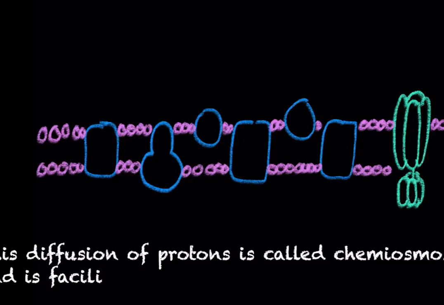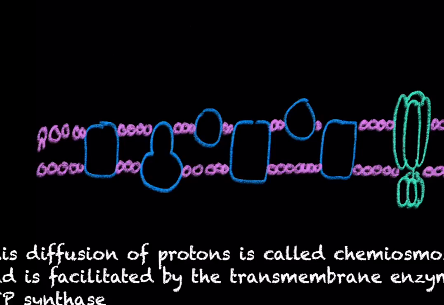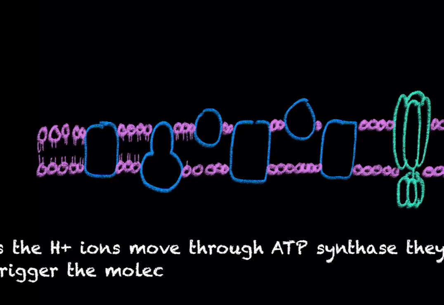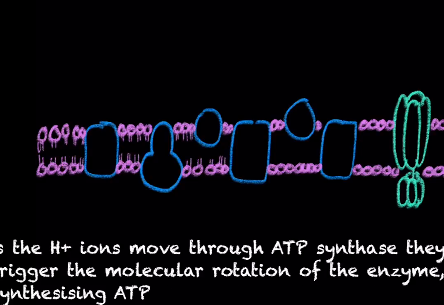This diffusion of protons is called chemiosmosis and is facilitated by the transmembrane enzyme ATP synthase. As the H cations move through ATP synthase, they trigger the rotation of the enzyme, synthesizing ATP.